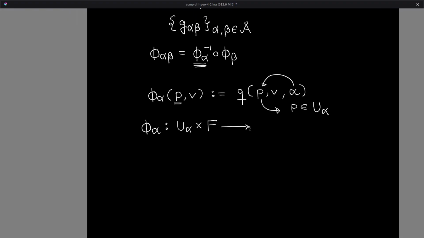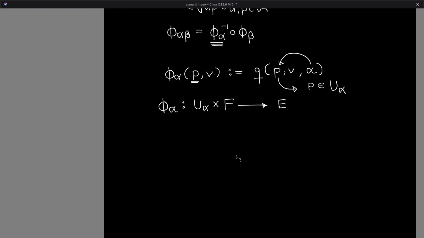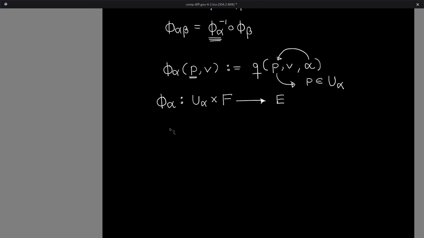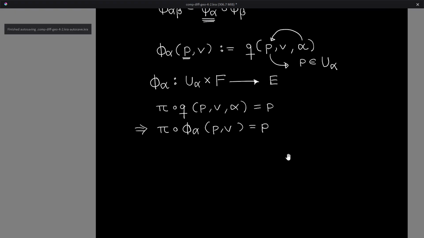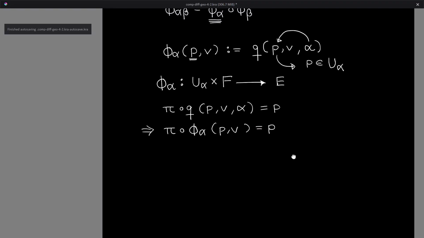And it maps to E. But then, if we think about it, we know that pi after Q of P, V, alpha is equal to P. But that implies, since we've defined phi alpha in terms of Q, that pi after phi alpha of P, V is equal to P. But what does that mean? That means that, remember, this is very similar to what we had before.